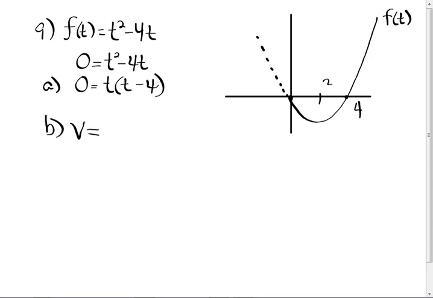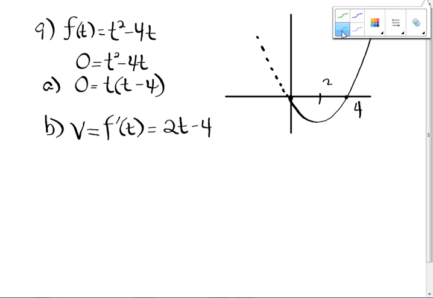What's the velocity, which is f prime of t? So you're going to find the derivative of that. It's what? I just can't hear you. 2t, right? 2t minus 4. That's all it is. Don't make it hard.